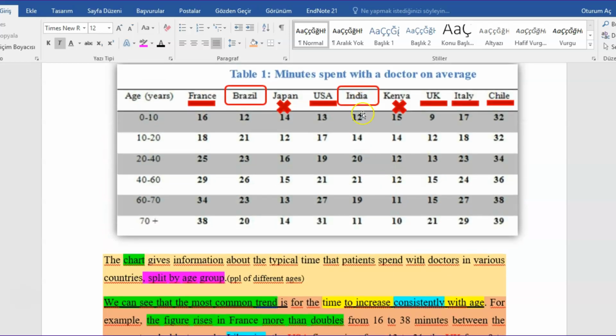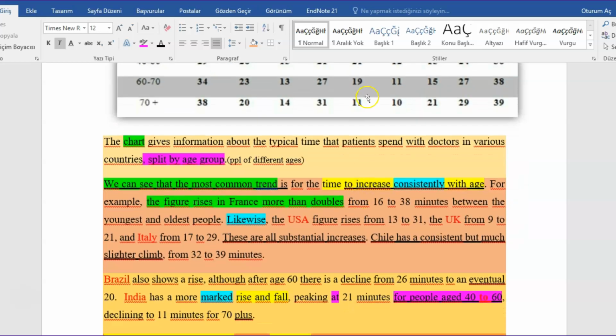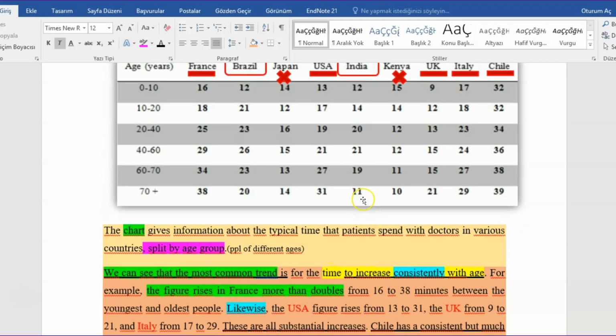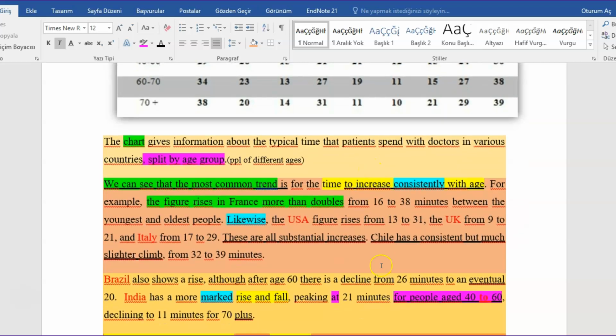India has a more marked rise and fall, peaking at 21 minutes for people aged 40 to 60, declining to 11 minutes for 70 plus.